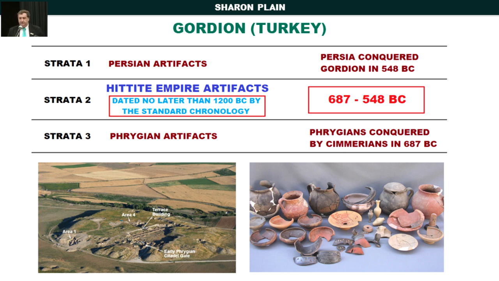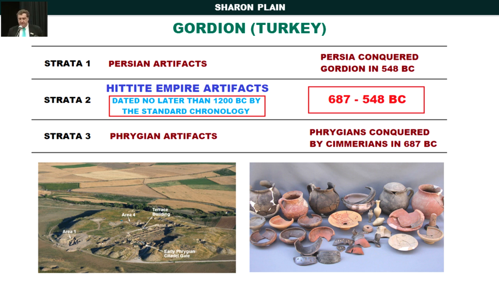So we see that level 2 must date between 687 and 548 BC. Now, level 2 was full of Hittite artefacts, yet we are told that the Hittite Empire came to its end at the end of the Late Bronze Age, conventionally dated to 600 years earlier, around 1200 BC. Now, we had Hattusa, another Hittite city, its capital.